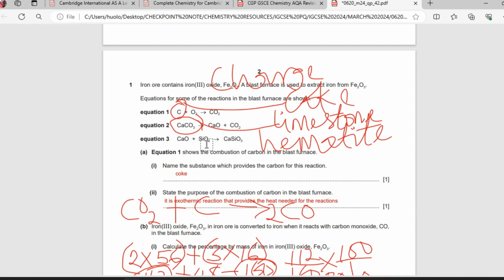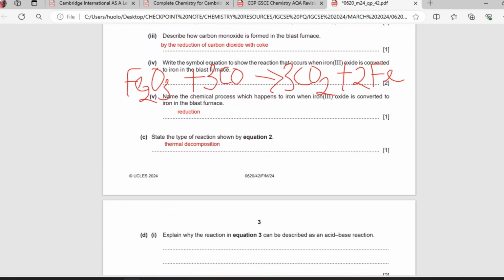Silicon 4 oxide is an oxide of a non-metal. Silicon is a non-metal. Oxides of non-metals are acidic. So you have an acid plus a base to give you a salt, and that is why it is a neutralization reaction.